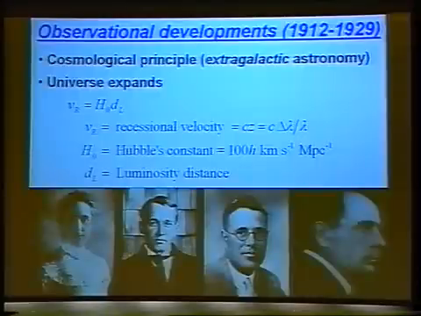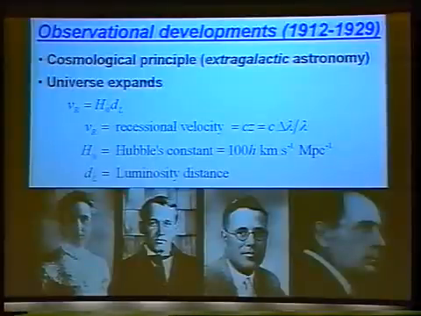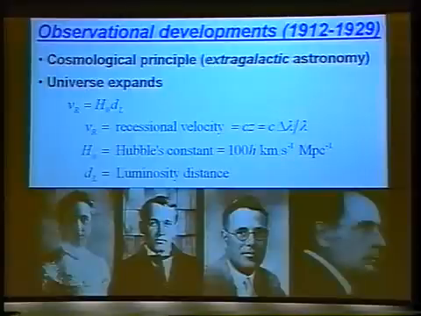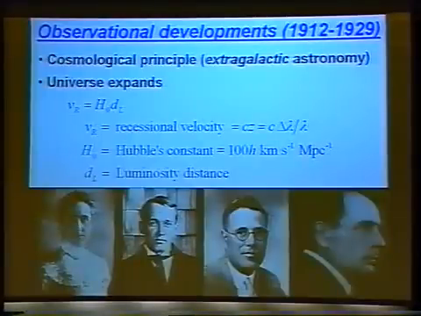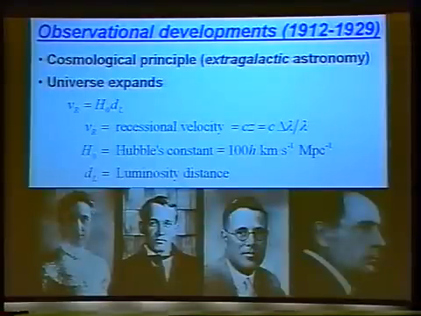So Hubble's law is that the recessional velocity is equal to some constant that's known as Hubble's constant times a measure of distance that's known as the luminosity distance. And I want to go into this in some detail because basically looking at the Hubble diagram is the basis for the present understanding that there may be dark energy in the universe.